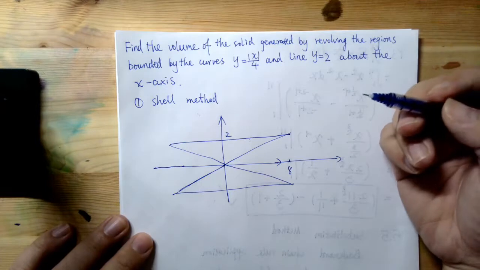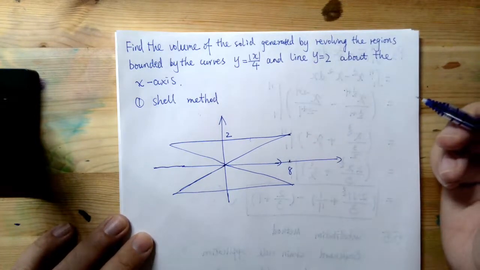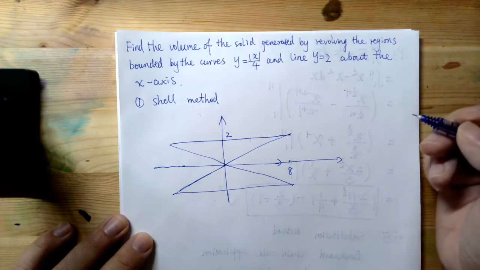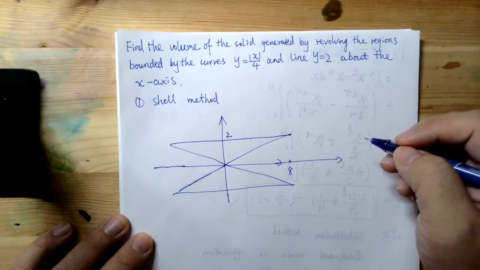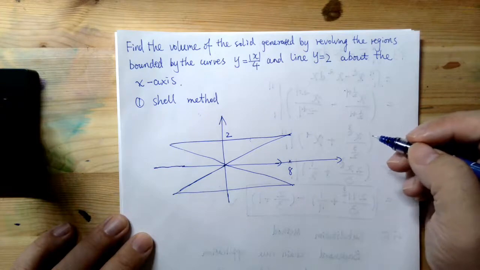And if we're going to use the shell method, keep in mind, when you use the shell method, the integral you're going to formulate will be with respect to the axis that is perpendicular to the revolving axis.